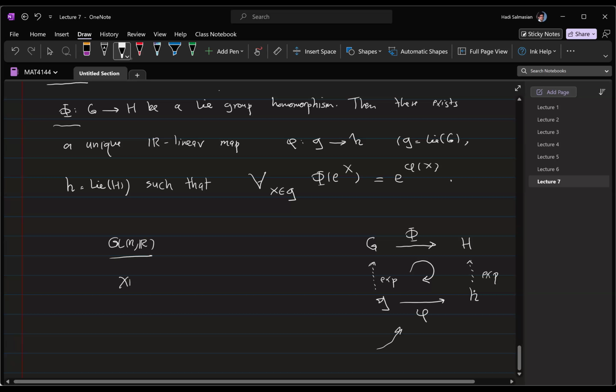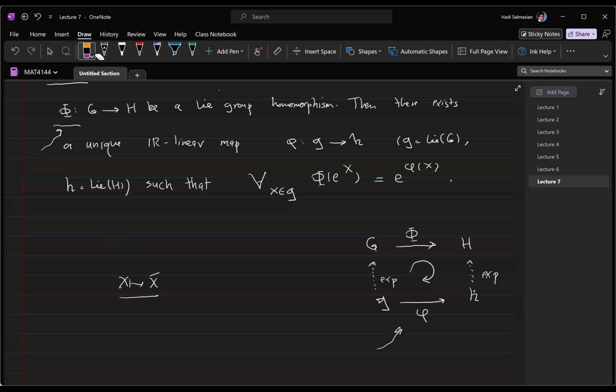For example, the map x goes to x bar is an automorphism of GL_n(C), but the derivative will be just an antilinear map. It cannot be complex linear. If you assume that the derivative of phi exists and is complex linear, then that does the job. That assertion is correct.